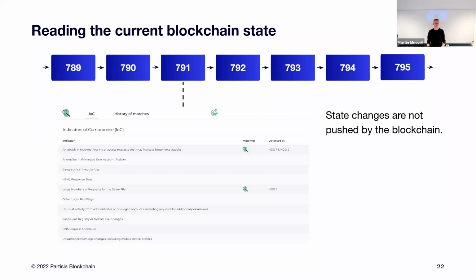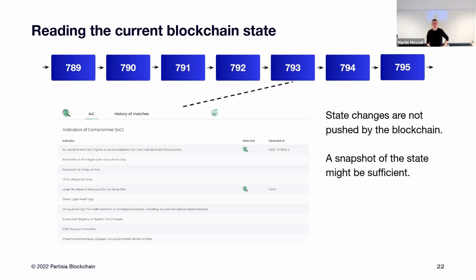This is not something new. If you are used to Web2 programming with a web server, you're not getting updates unless you actually refresh the page or you have some sort of push system set up. So as you see here, the state changes are not pushed by the blockchain. You have to fetch these.